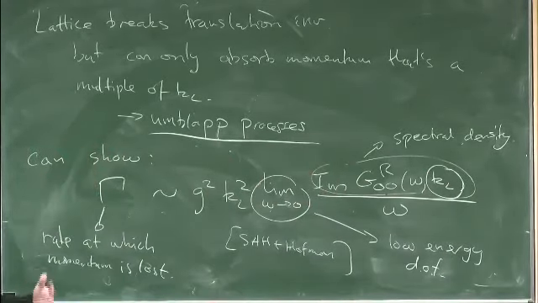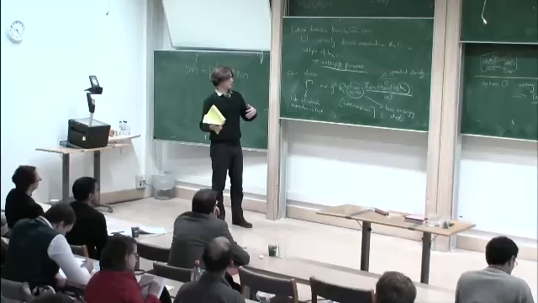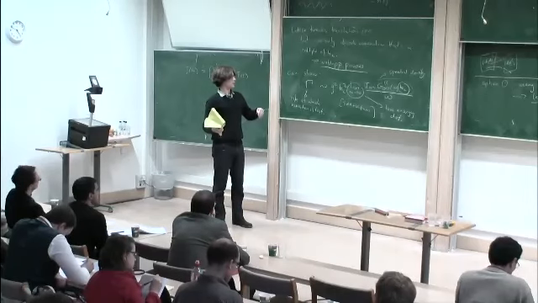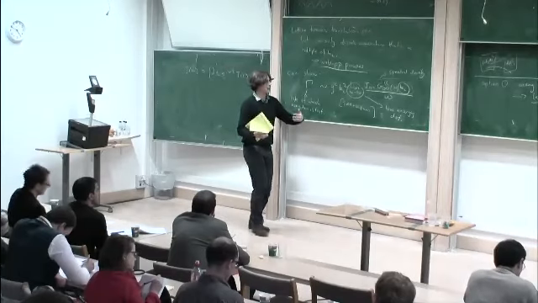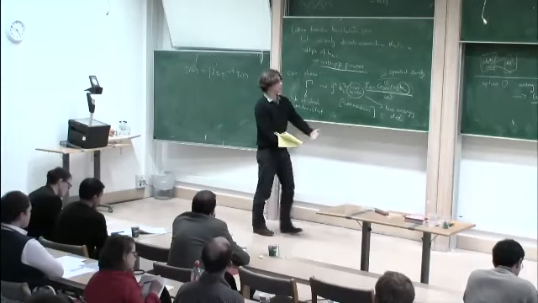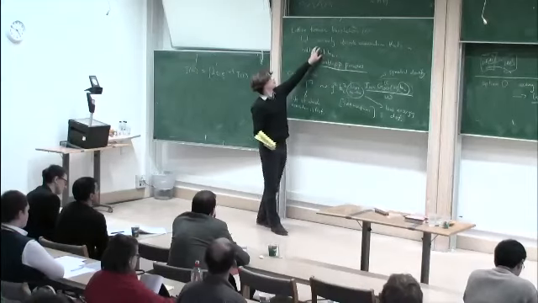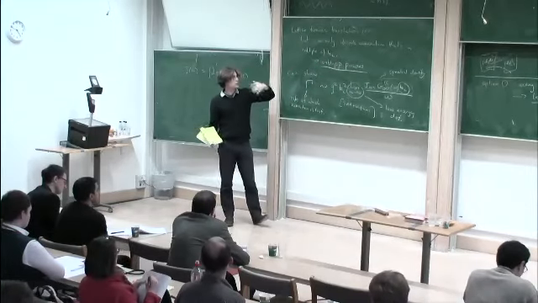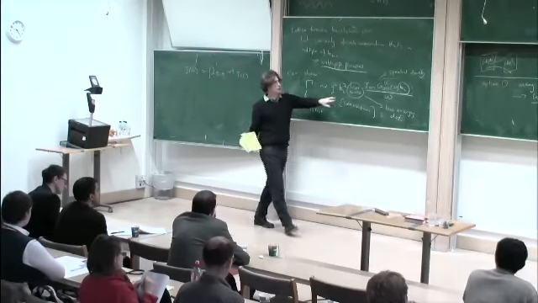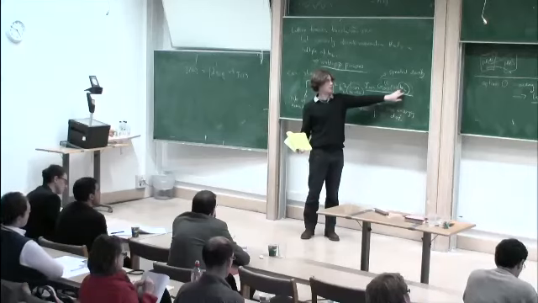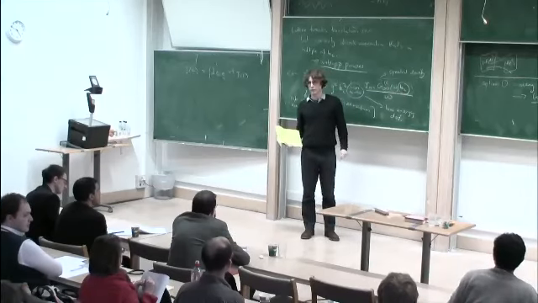So the rate at which your system loses momentum depends on the number of low energy degrees of freedom living at the lattice momentum. That's related to the fact that the loss of momentum happens through these umklapp processes, in which you scatter things by K_L.